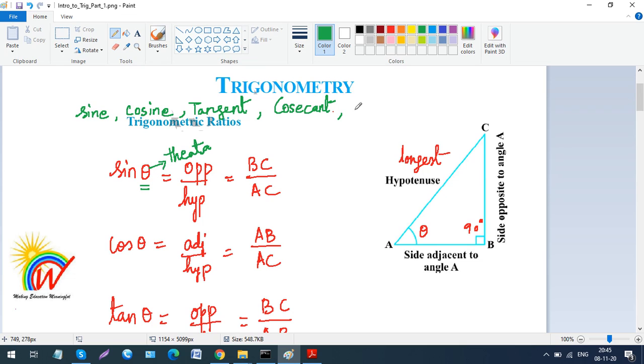Then you have secant, read as sec. And then you have cotangent, read as cot. So these are the 6 trigonometric ratios in trigonometry. There is a formula for each of them. I want you people to memorize this well.